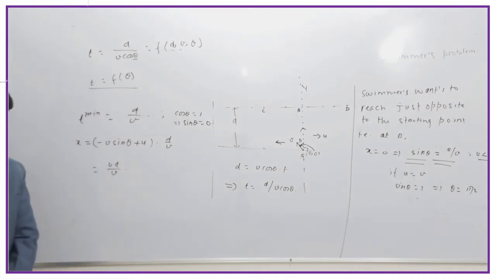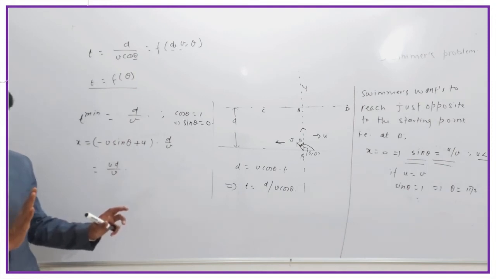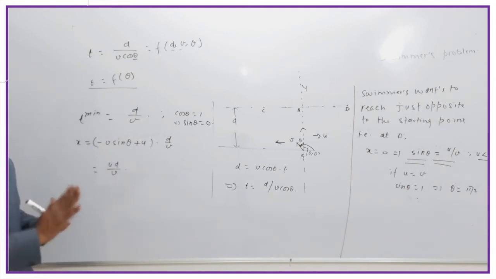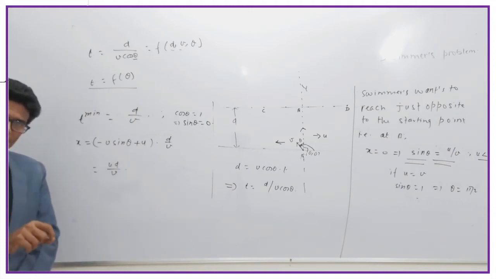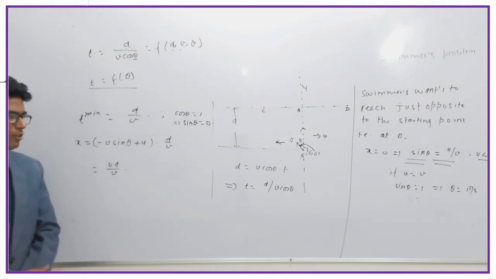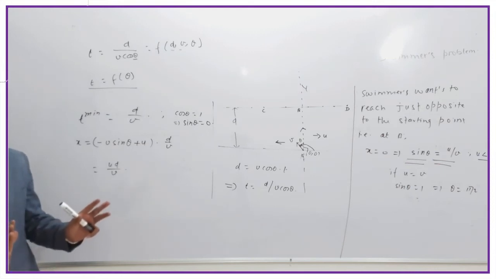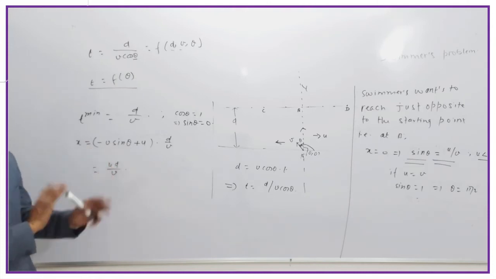Whatever the speed of the swimmer with respect to water, either the swimmer speed is less than flow speed or greater than flow speed, this time function remains the same. Now the question arises, what will happen if swimmer speed is less than flow speed? We will take this one later on, but right now I am just going to take a problem on this part of the swimmer's problem.